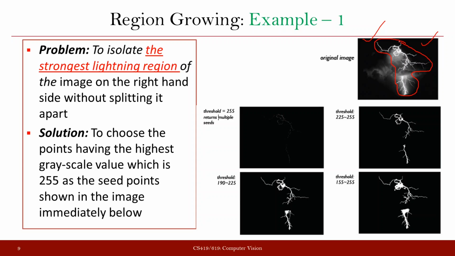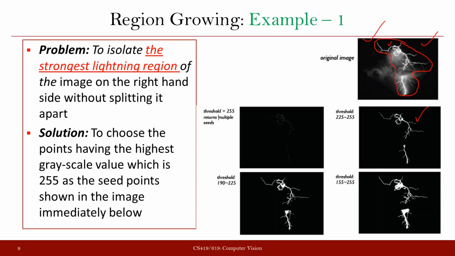In this case, we can choose a seed point, and you know that all the pixels which are part of this lightning are very bright. So if you choose any pixel on this lightning part, and then you grow your region, then you will get the final outcome. I mean, you will be able to segment this lightning part in the image.